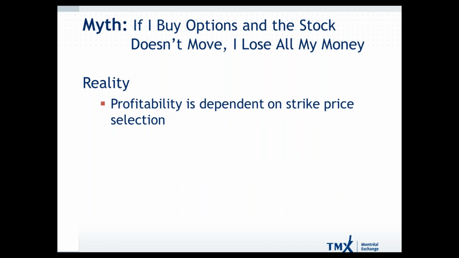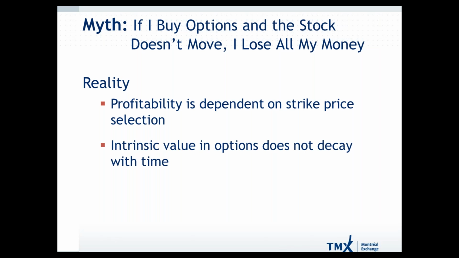So the next one that I want to look at is, if I buy options and the stock doesn't move, I lose all my money. Well, the profitability of an option contract is going to be dependent on the strike price selected, right? So the only way an option will have value on expiration is if it has an intrinsic value.